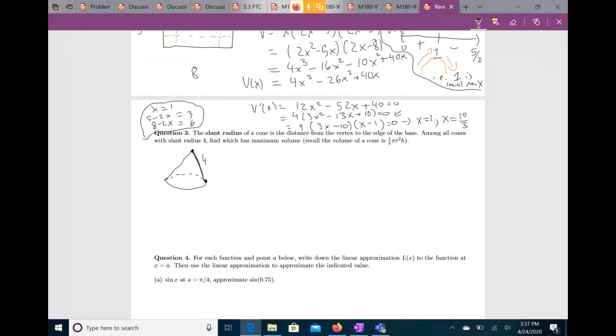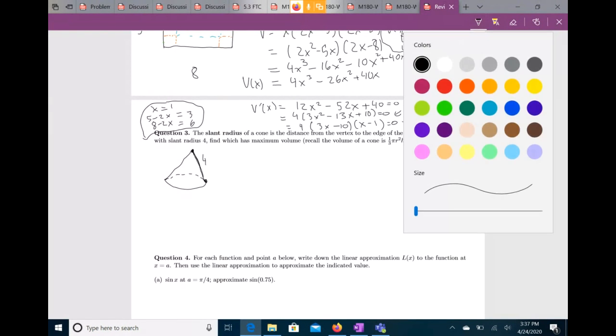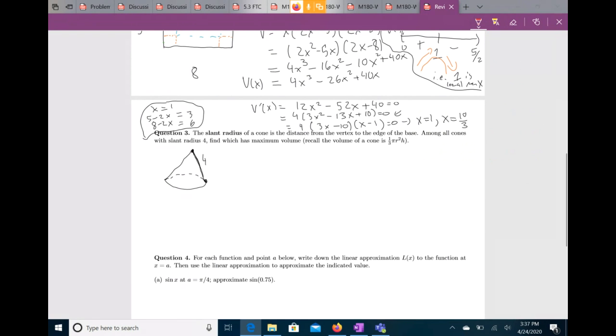Okay, the other dimensions we can look at are the height, and the radius of the circle that's the base of the cone.